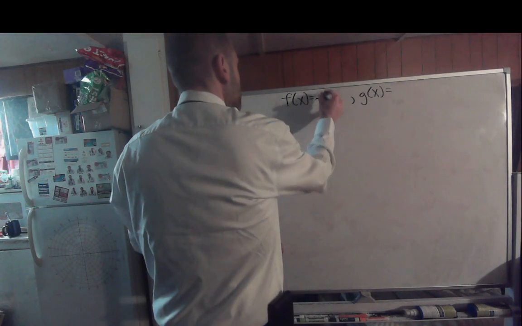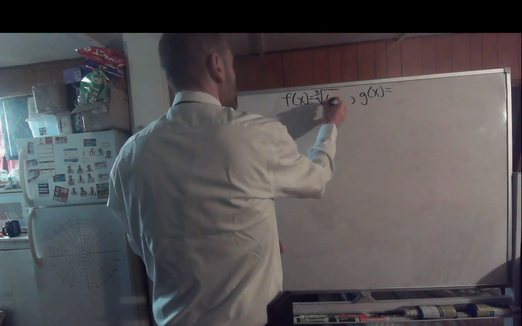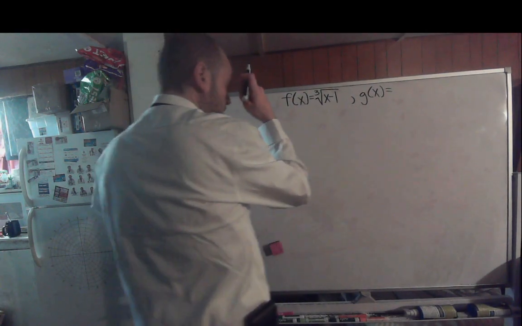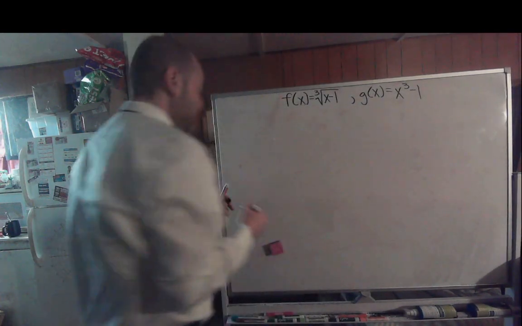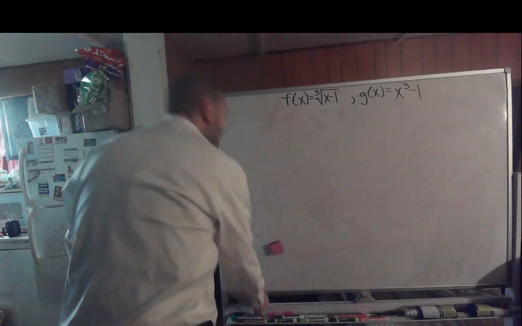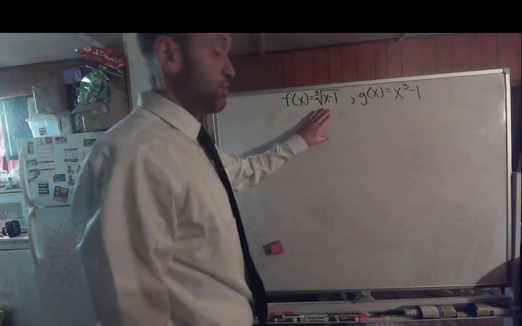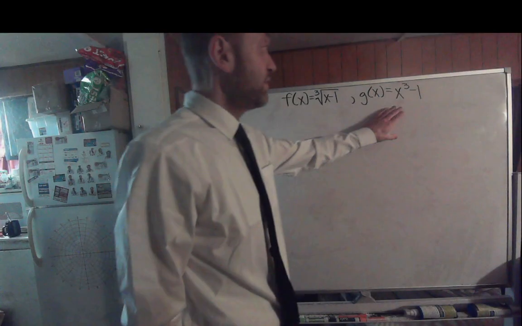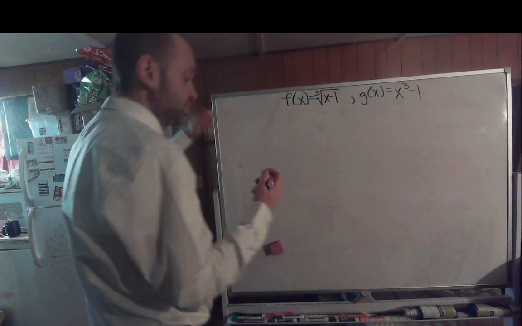Alright, let's see. f of x equals the cube root of x minus 1. g of x equals x cubed minus 1.